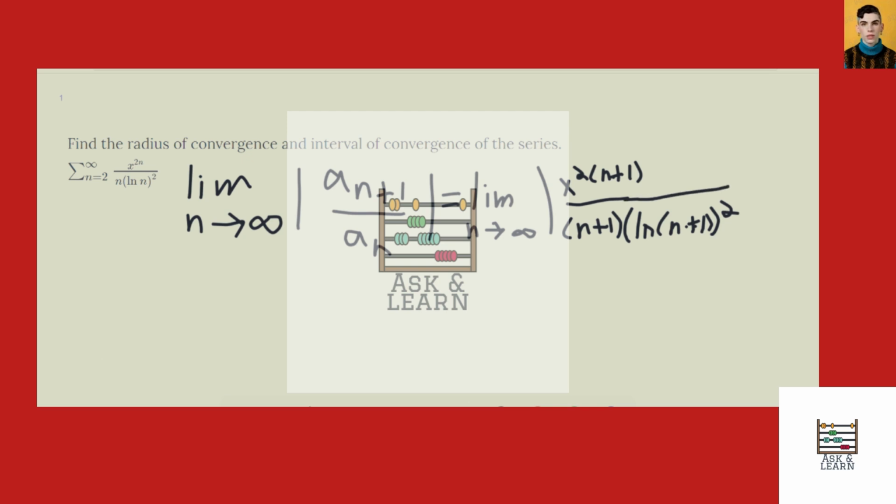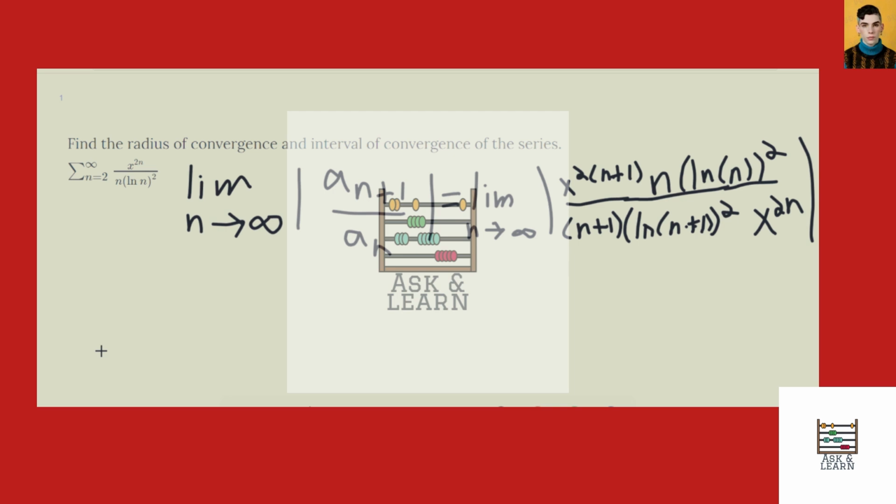We're dividing by a_n, which is multiplying by the reciprocal of a_n. So now we're multiplying by n times natural log of n squared, and we're dividing by x to the 2n. So x to the 2 times (n+1) is the same thing as x to the 2n multiplied by x squared.